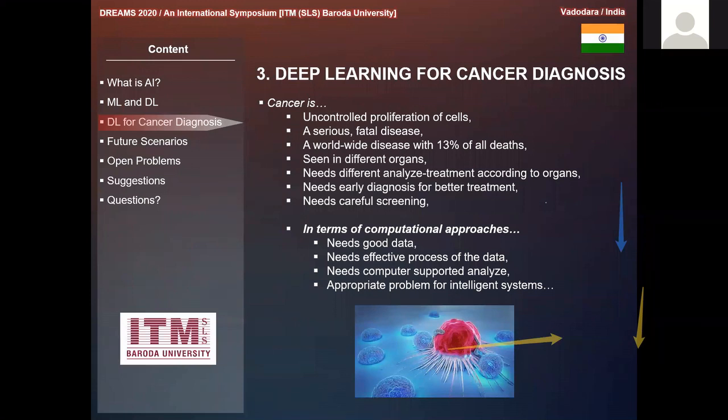And we can say that it's a serious and fatal disease, as you know, and a worldwide disease with 13% of all deaths. That's very important. And it's seen in different organs like brain tumors, brain cancer.